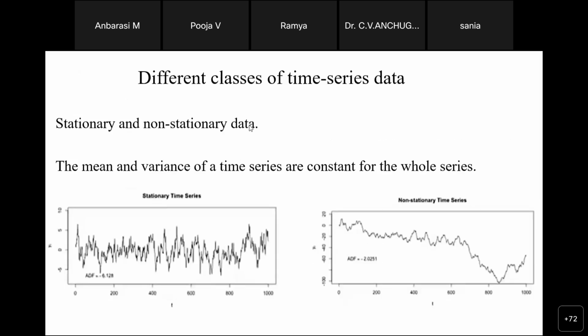So there are 2 different classes of time series data. One is stationary data, another is non-stationary data.